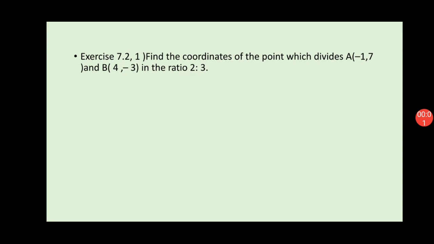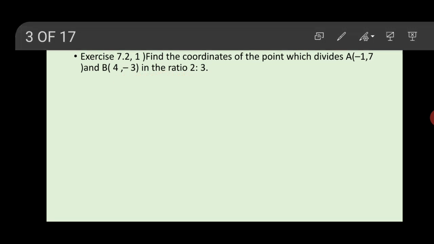Now let us solve some problems. Exercise 7.1, question number 1. Find the coordinates of the point which divides A -1, 7 and B 4, -3 in the ratio 2 is to 3. Yes, 2 points.